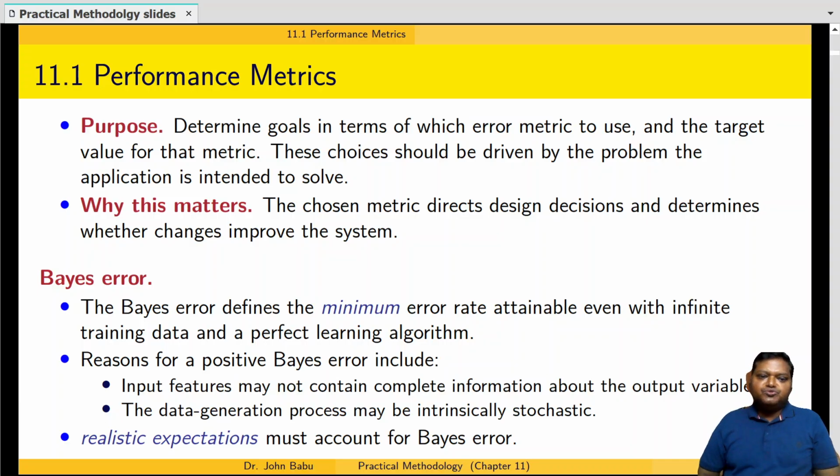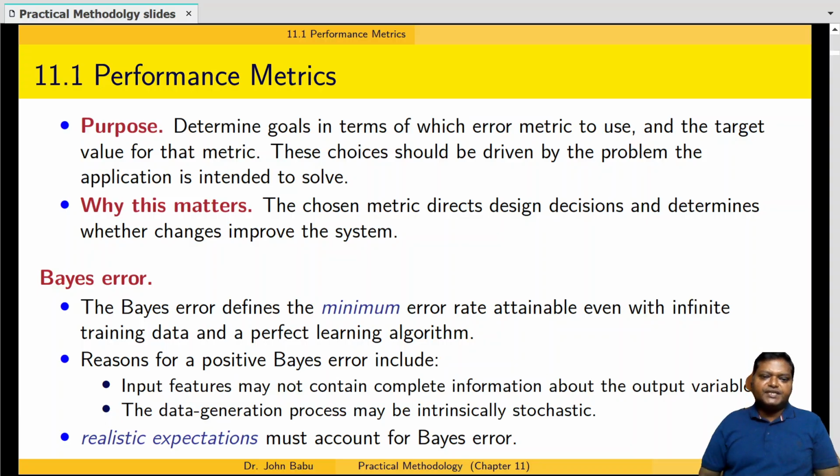We want to have a metric for efficiency, or how effectively our system is working. You may have a very sophisticated, very accurate system, but certainly there will be a minimum error. There is no system without error. That is the rule of thumb.